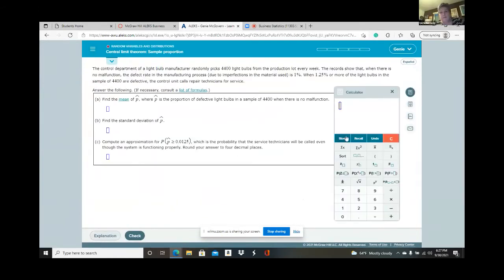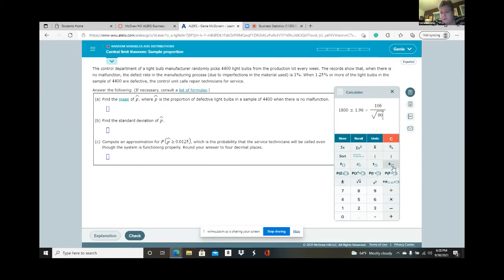All right, so 1800 plus or minus 1.96 times 106 divided by the square root of 90. So put square root of 90, and look at this beautiful calculator.